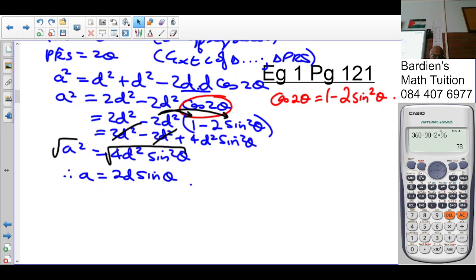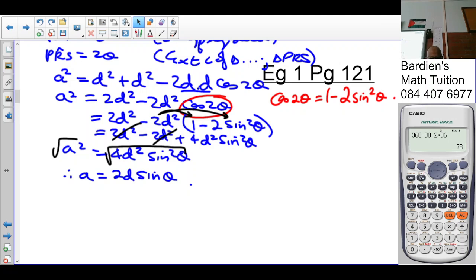So for homework, I want you guys to do exercise 1. This is on page 121. You do for me the odd numbers, okay?